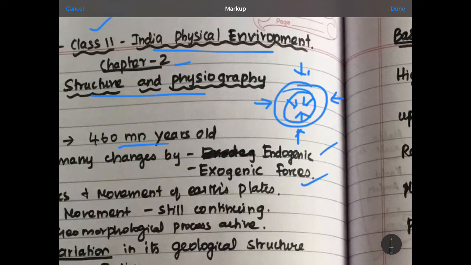Examples of endogenic forces are earthquakes, volcanoes, and mountain formation. Examples of exogenic forces are weathering, mass movements, sand dunes, and landslides.